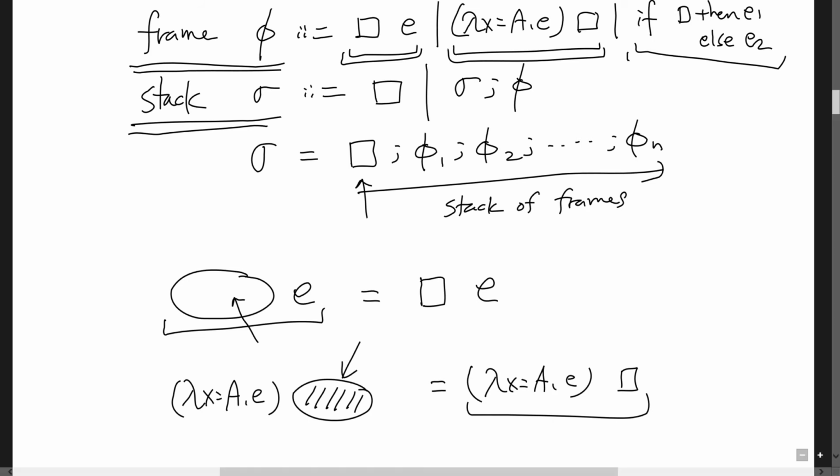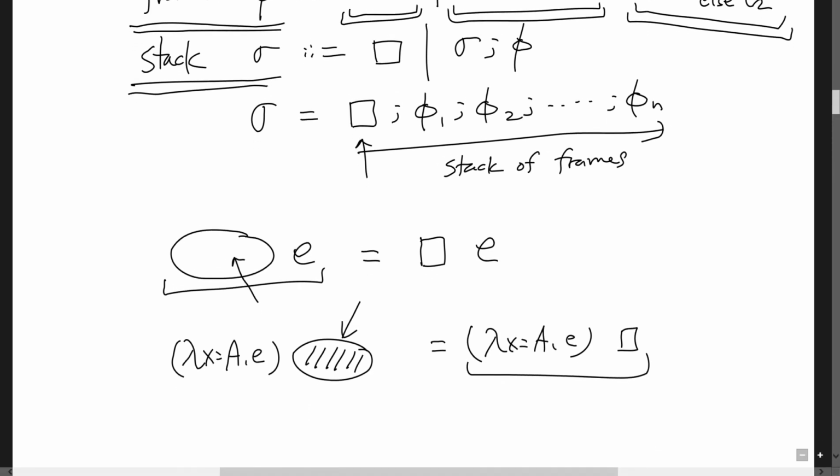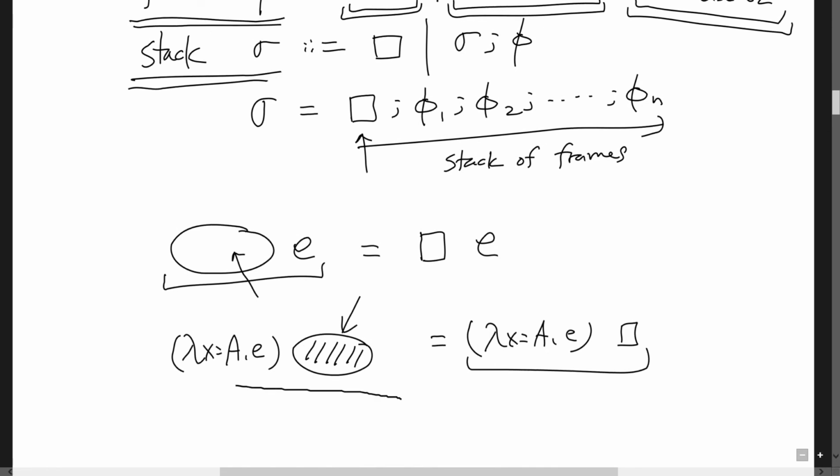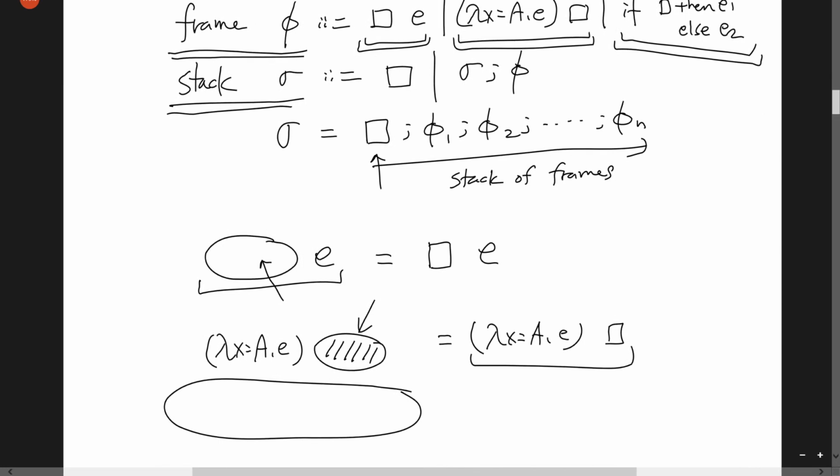And finally, if you have this form of frame, that means that you are currently analyzing an expression, and then you notice that it has this form: some expression, then E1, else E2. So you decided to go into this sub-expression to see what kind of expression it is.